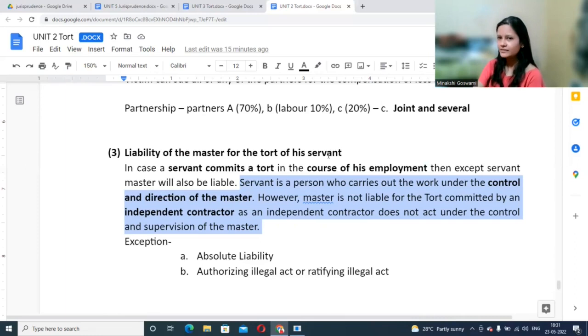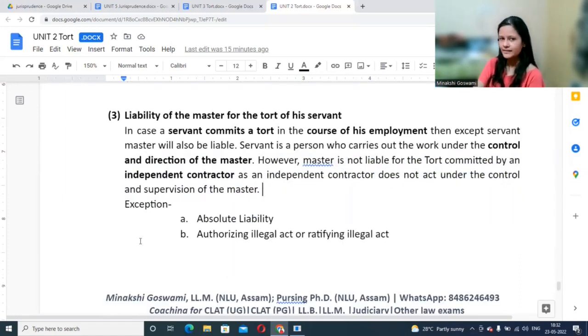In case of master and servant only, vicarious liability comes. For independent contractors, it will not come, except for some exceptions like absolute liability, or if the master is authorizing an illegal act. For an illegal act, if they are authorizing, their liability would come. But in general, for an independent contractor, liability will not come.